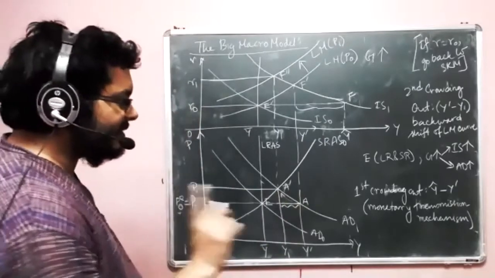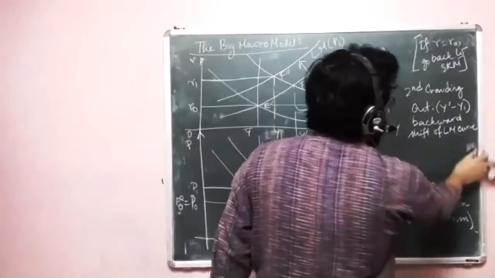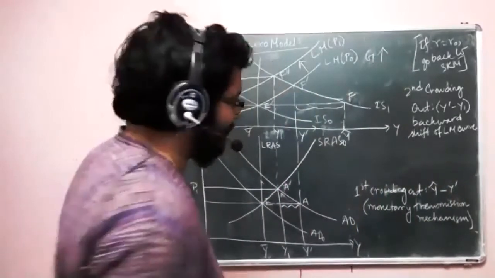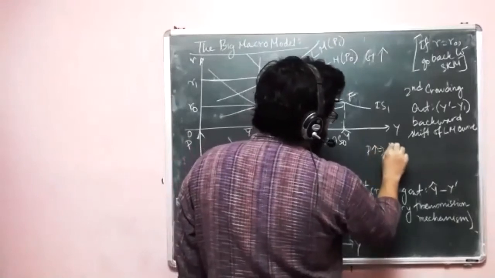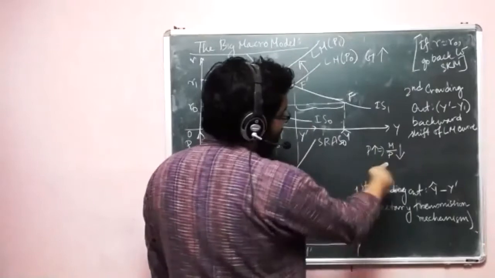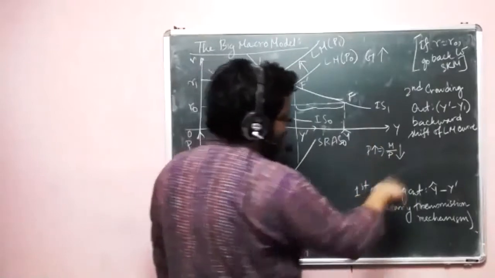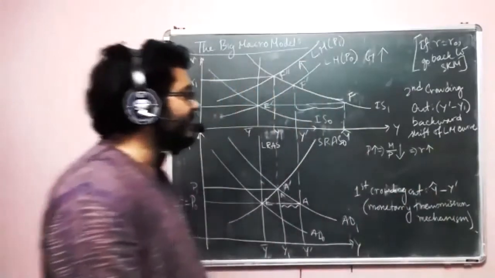Okay, so let me just write it so that it does not go out of grip. So we are saying that P increased, and in that sense M by P reduced, and this is real money balances, so that reduced. In effect, interest rate increased, and that is coming from ISLM, right?